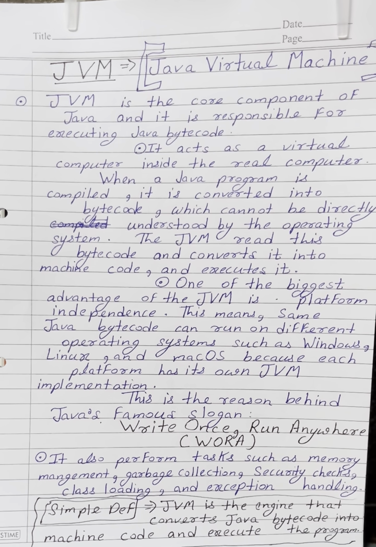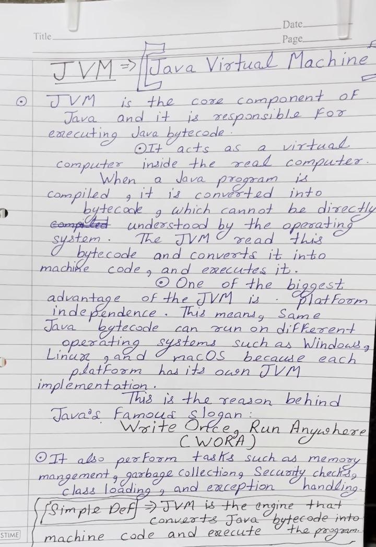Now let's talk about why we need it. I already told you the advantages of JVM and some other points about that, but let's discuss it. Different computers use different operating systems, as you know.